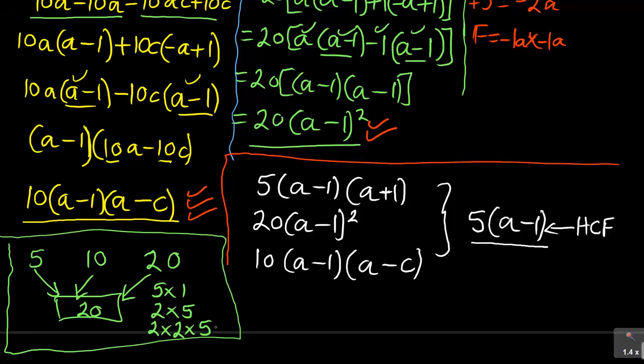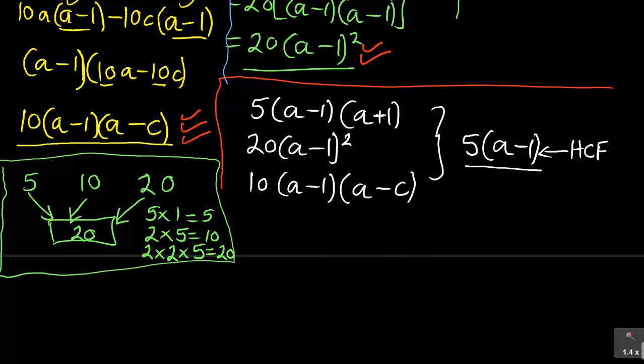So now with this, this is my 20, this is my 10, and this is my 5. Now you can always check my lessons where I look into that. Where it says 2 times 2 times 5, I can actually change it and say this is 2 squared, because it's 2 times 2, 2 squared times 5.